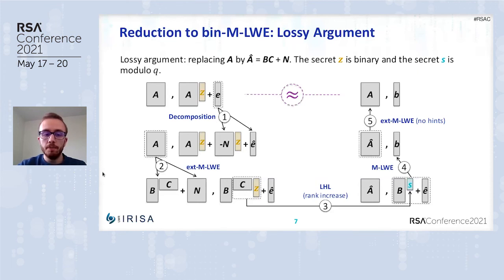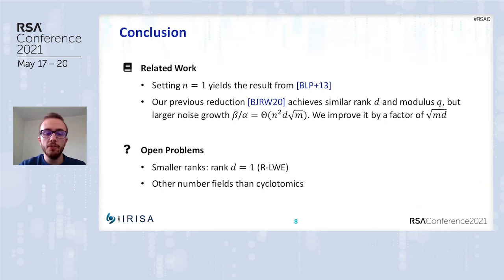So to briefly conclude, I first want to mention that our work extends the result from the original paper by Brakerski, Langlois, Peikert, Regev, and Stehlé from 2013, which deals with standard LWE. So if we set n equal to 1 in our setting, we end up with the same result as theirs.